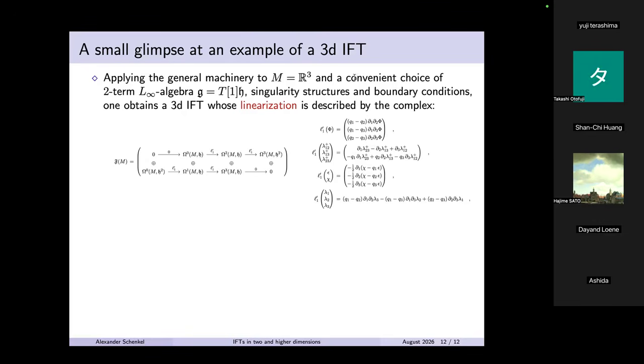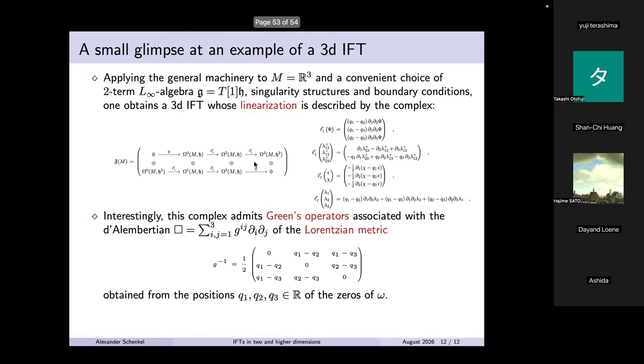So you take a simple choice of omega, which has 3 zeros, and Q1, Q2, Q3 are the zeros. Okay, now this looks pretty random. You can stare a bit at these differentials and try to interpret what's happening here. But what this describes is a scalar field and a one-form field satisfying some equations, having some gauge symmetry, and you can analyze that now.